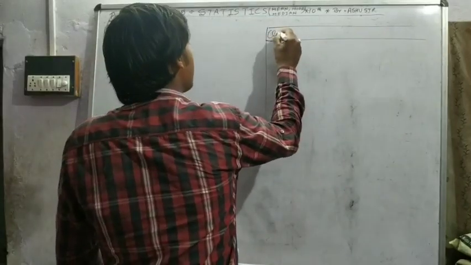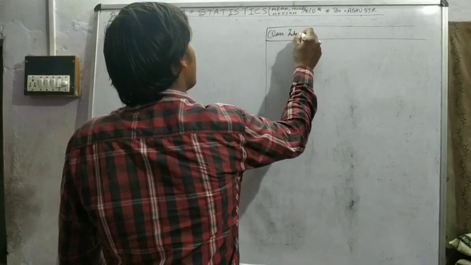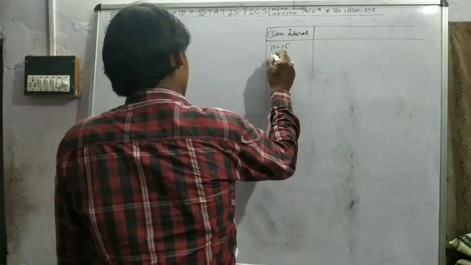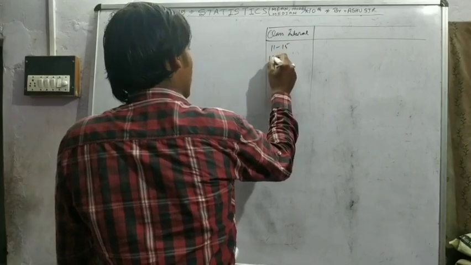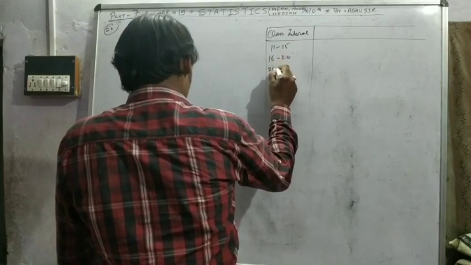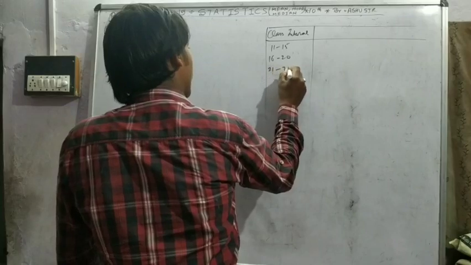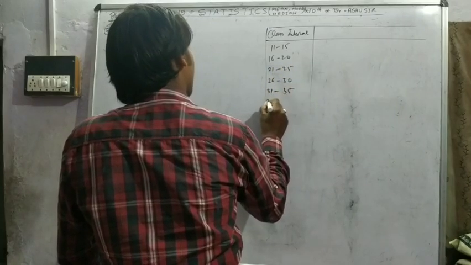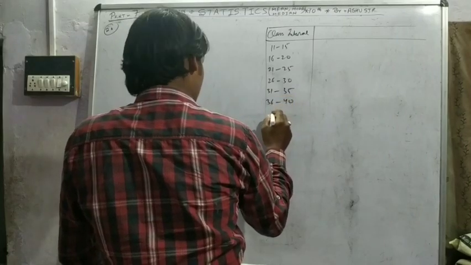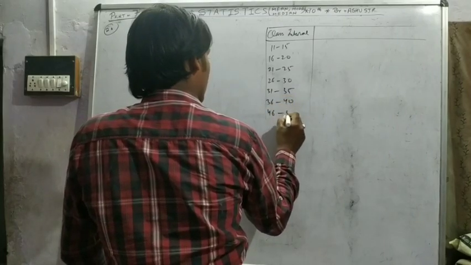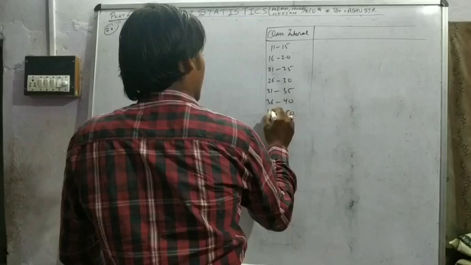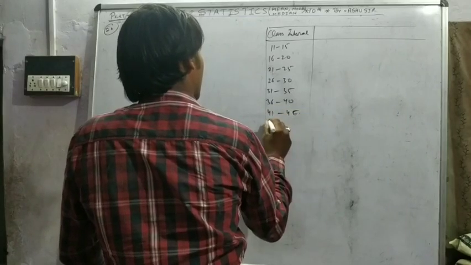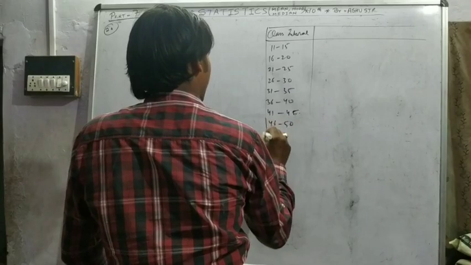Here the class intervals are given: 11 to 15, 16 to 20, 21 to 25, 26 to 30, 31 to 35, 36 to 40, 41 to 45, 46 to 50.